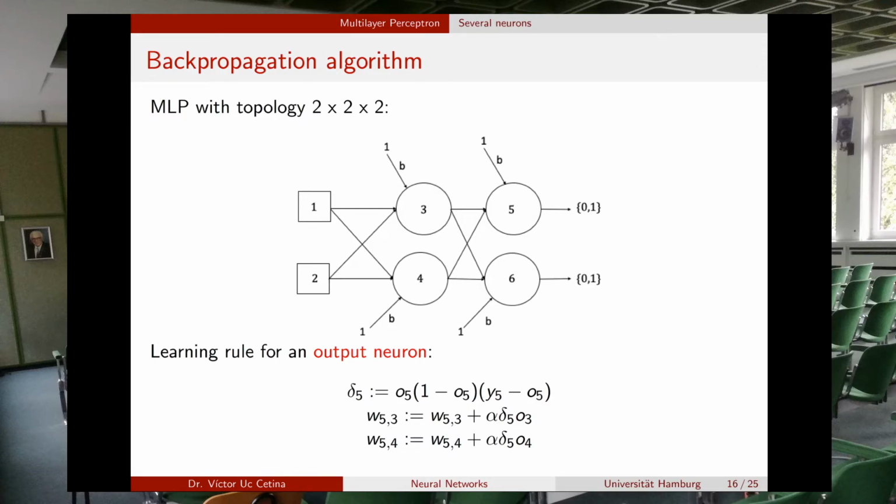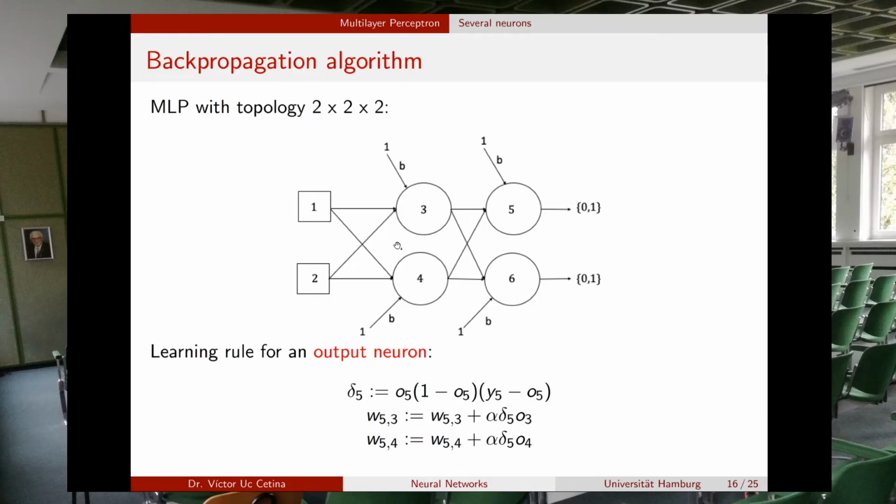Now, by the way, you need to update all the output neurons, which is the last layer of neurons, and then you can start updating the weights of the hidden units, of the hidden layers. In this case we have only one hidden layer, so we will update the weights of these two neurons.